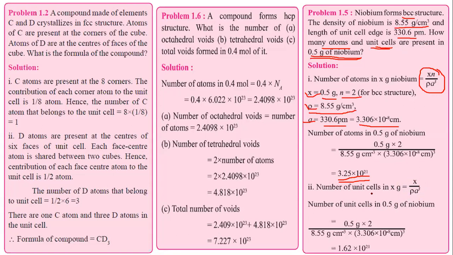So the number of unit cells in 0.5 grams of niobium is 0.5 grams into 2 divided by 8.55 grams per cm cube. This is density, and this is a cube. Wait.